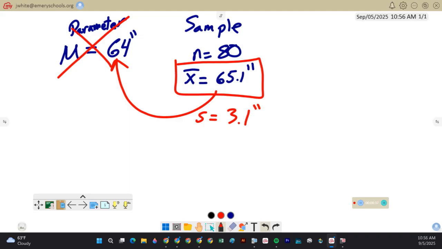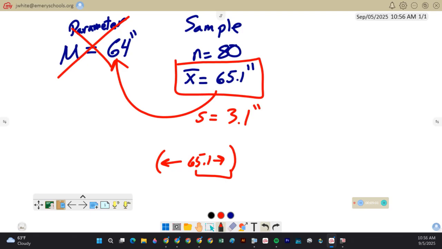Would you agree? So what we do is we say, okay, our best guess is 65.1. Okay? So I want to be pretty sure that the actual value is somewhere in here. And then figuring out how far this distance is, that's a statistician's job.